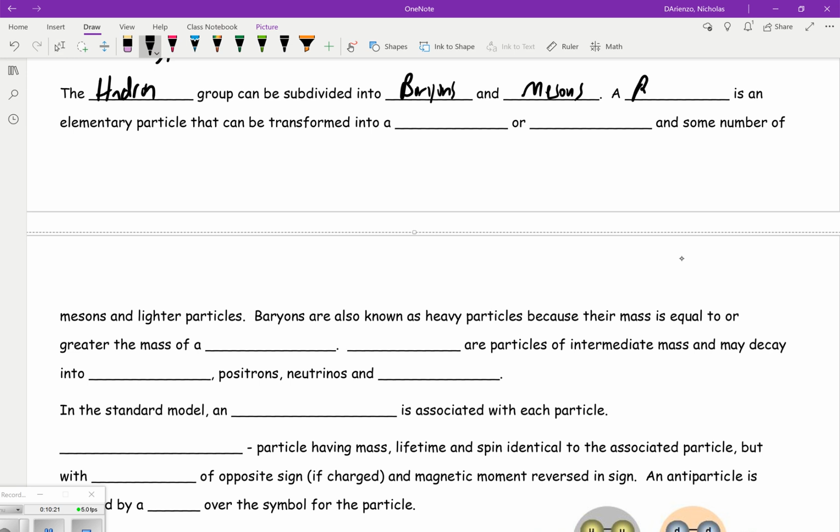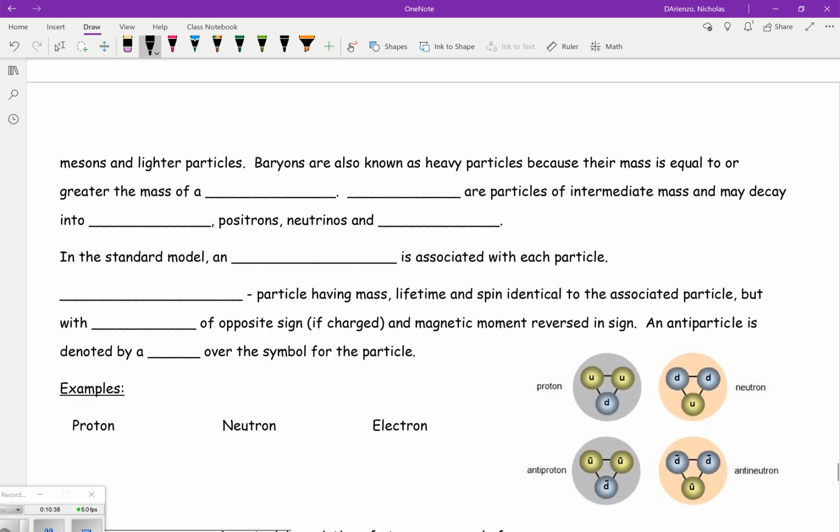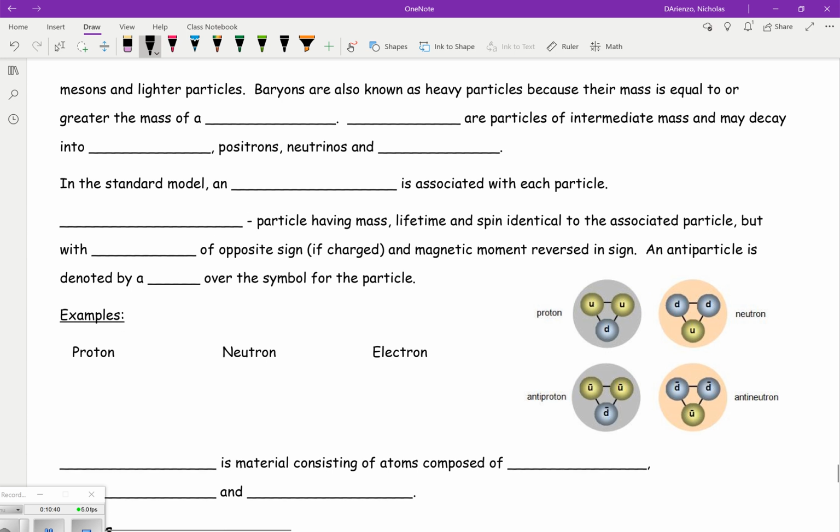Now, a baryon, to start, is an elementary particle that can be transformed into a proton or a neutron. And then we'll have some other number of mesons and some other lighter particles as well.